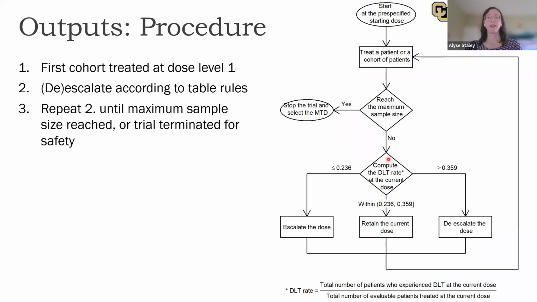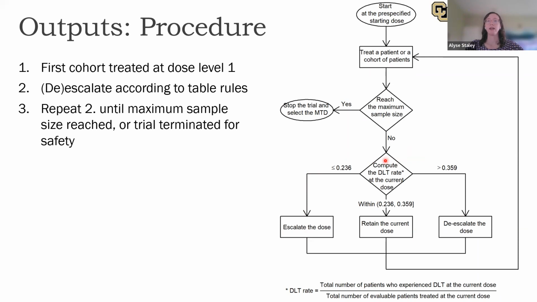Once the DLT rate is calculated, we then have to decide whether to escalate, retain, or de-escalate. If our DLT rate is less than or equal to 23.6%, we're going to escalate the dose. If it's greater than 35.9%, we're going to de-escalate the dose for the next cohort of patients.